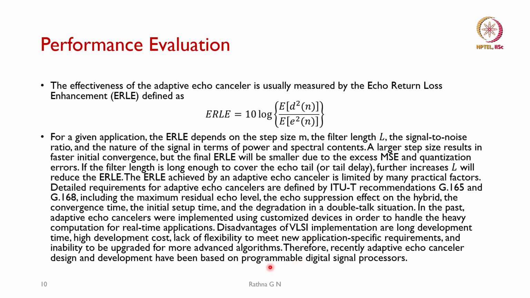So, what is the solution? Recently, adaptive echo canceller design and development have been based on programmable digital signal processors. Even your mobile has a DSP, which is programmable. Hence, you can upgrade your software once in a while.